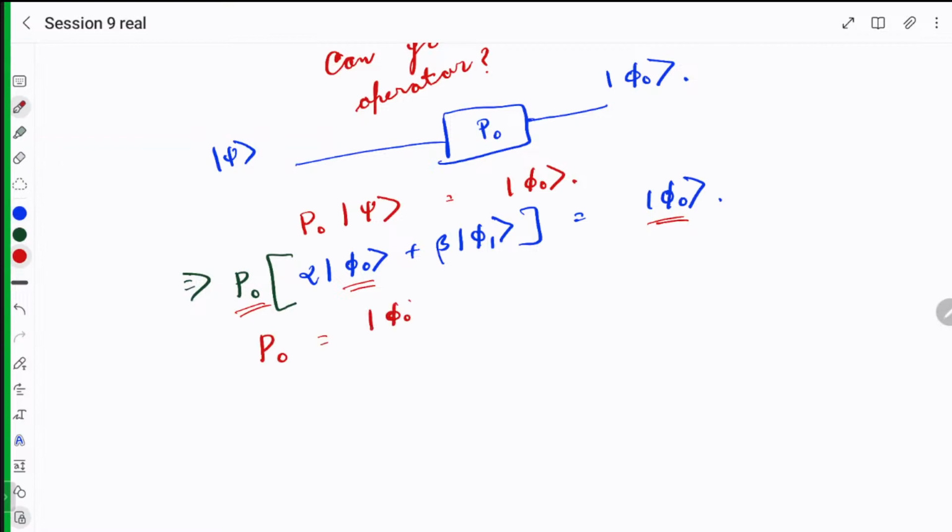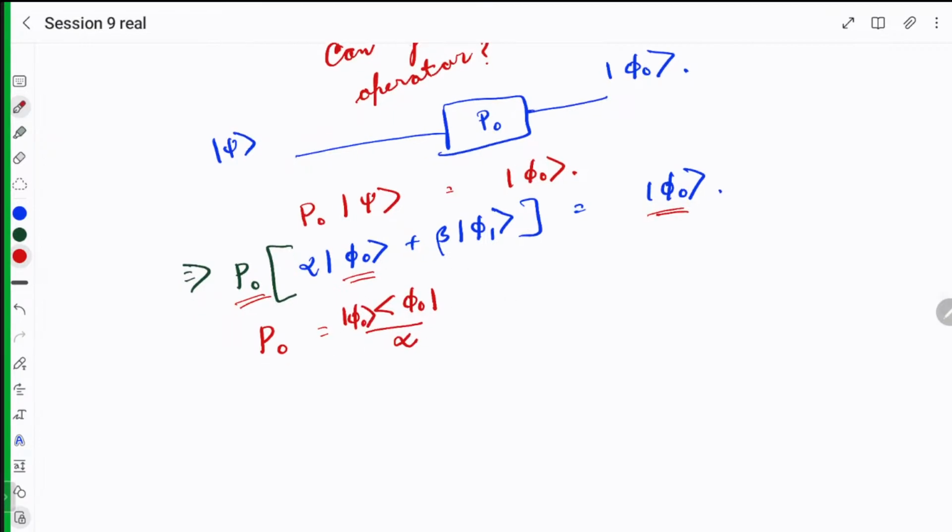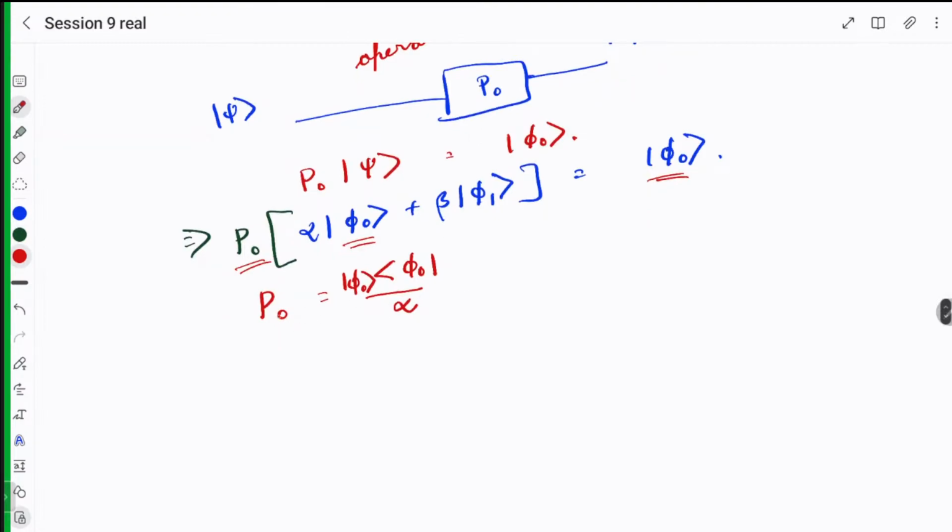So if it is just phi naught by alpha, then ket phi naught bra phi naught by alpha. Is this what you are saying? Ket into bra. Okay, good. So yeah, if you set P naught like this, then you will get phi naught.